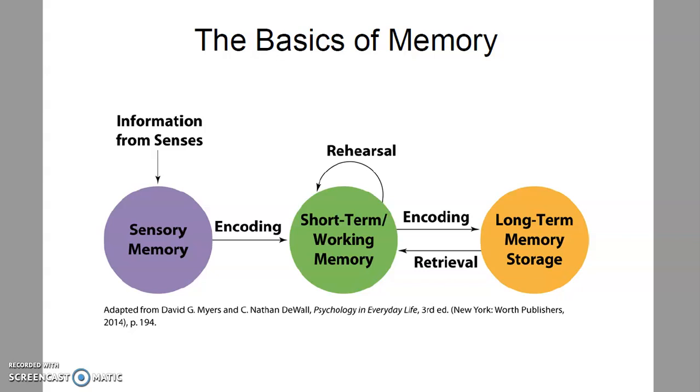But again, remember, short-term is limited, still only about 30 seconds. So we need to rehearse or study the information to keep encoding and moving the information into our long-term memory. Once it's in long-term memory, then we can retrieve the information. We can actually bring it back out of our brain, for example, on a test or a quiz.